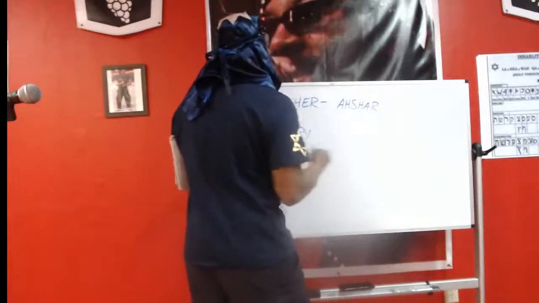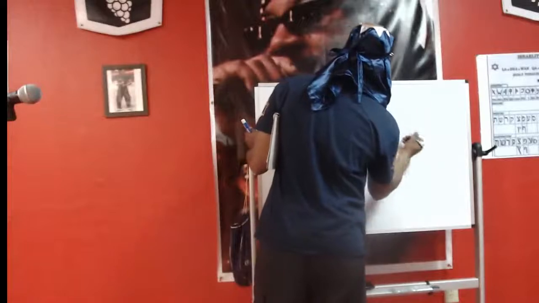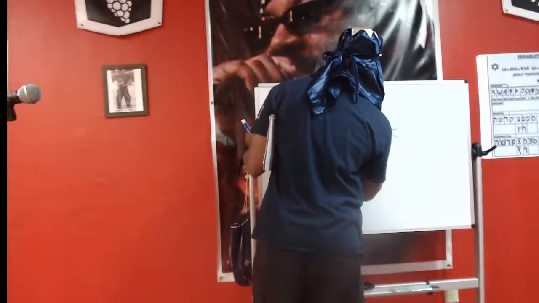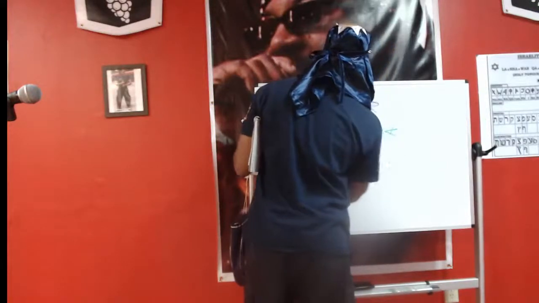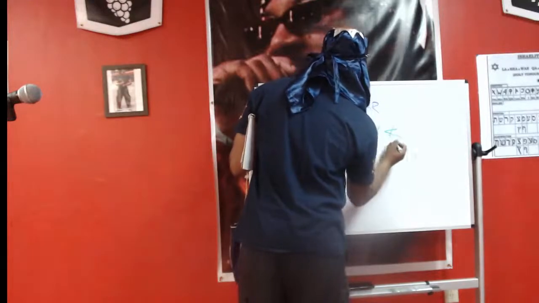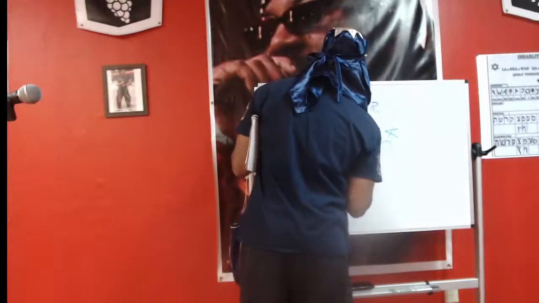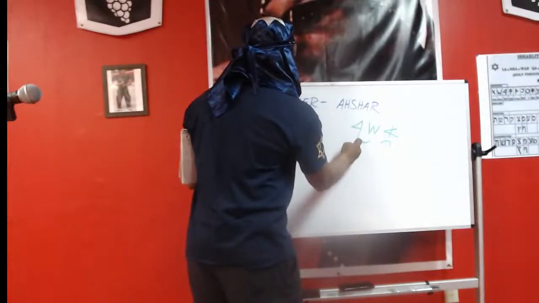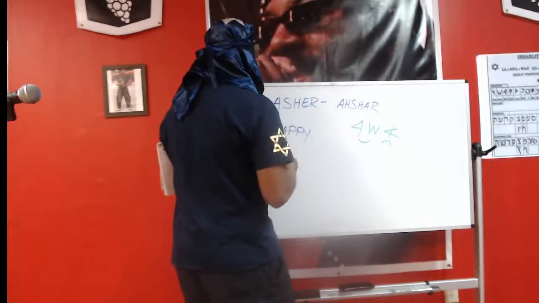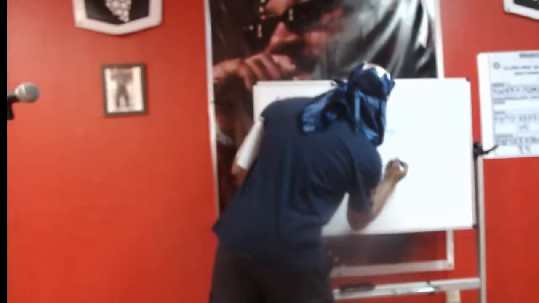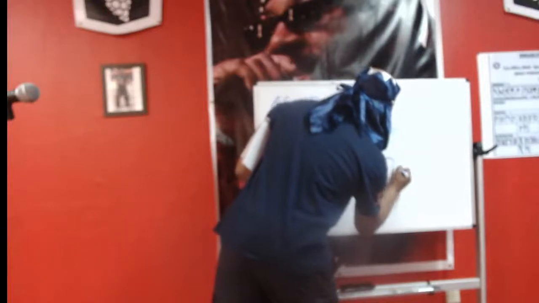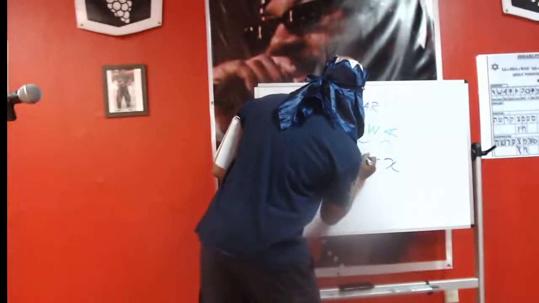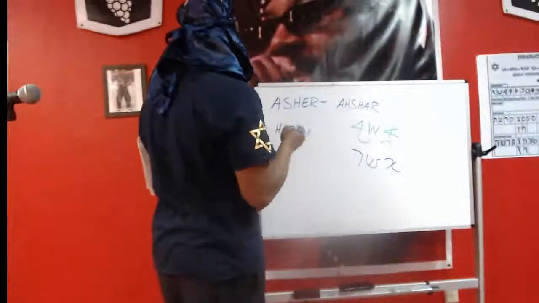Write this out in Assyrian Hebrew. Ancient Hebrew. Shah, Ra, Shar. There we go. Then ancient, and Assyrian Hebrew. There we go.